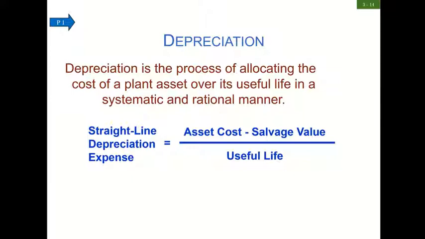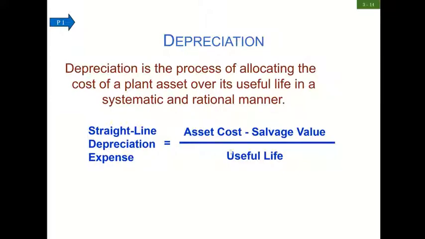When the company acquires this type of asset, it will be used for a longer period, not just 1 year but more than 1 year. So the company has to allocate the cost of long-term assets, which are called plant assets, over their useful life, which is how many years the company will use the assets, in a systematic and rational way.